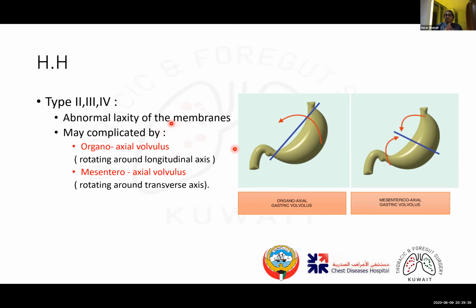We have two types of volvulus that you have to understand. We have the organoaxial volvulus, in which the stomach is twisting around the longitudinal axis, whereas the mesenteroaxial volvulus is folding or flipping of the stomach around the transverse axis.